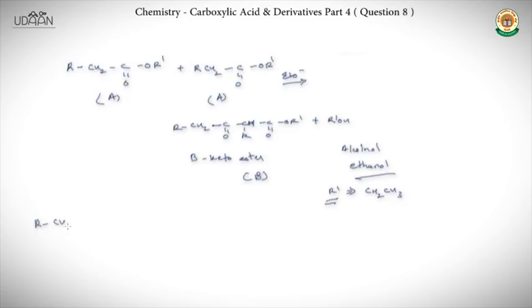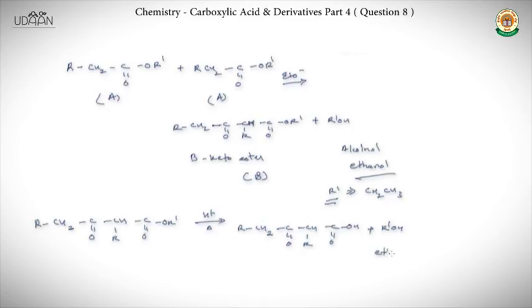So RCH2 C double bond O CH R C double bond O OR dash, in acidic medium plus heat, gives me RCH2 C double bond O CH R C double bond O OH plus R dash OH, which is ethanol over here, and a beta keto acid over here.